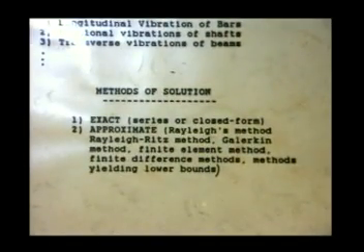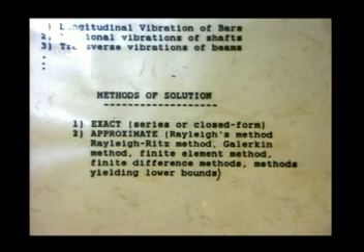Now, methods of solution. There are 2. It is very important to understand that there could be different methods of solution, because usually, in the university, we are spoiling our students by the fact that we consider only exact methods of solution.